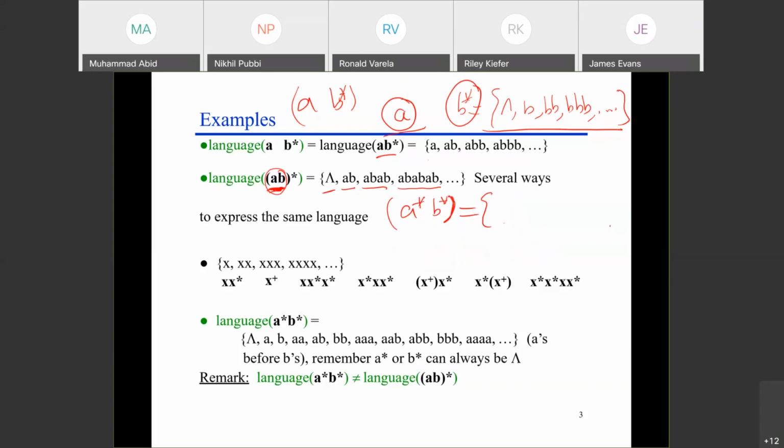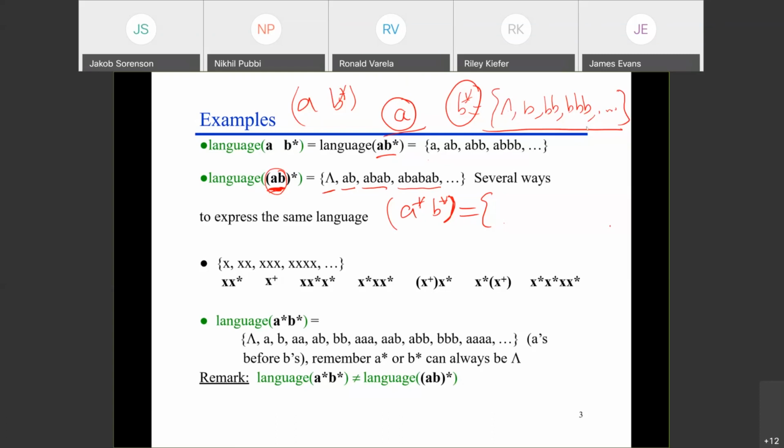In the parentheses, you have a separate star on A and a separate star on B. What does it mean? Can anyone help me to write the language of this? Austin, are you listening? Can you help me to write the answer of this?